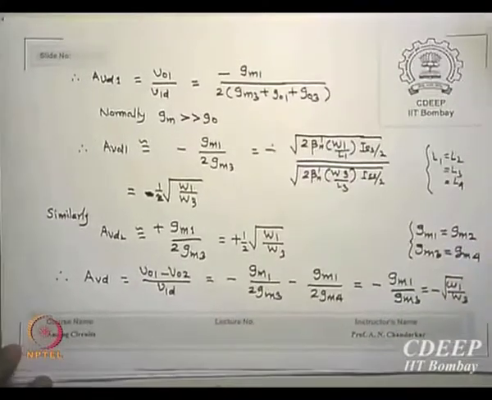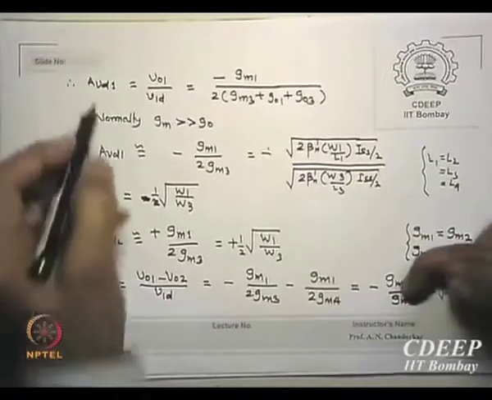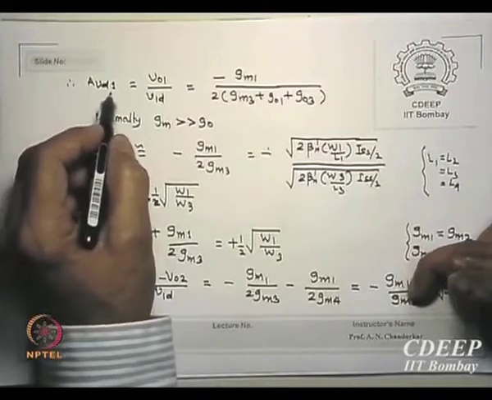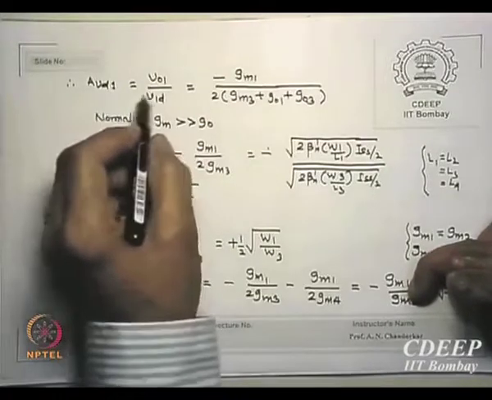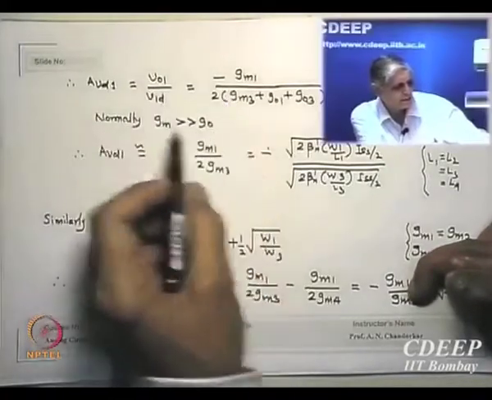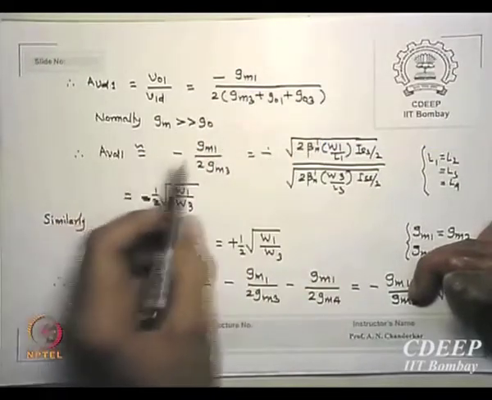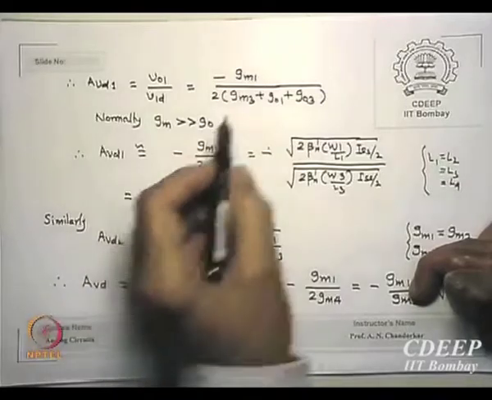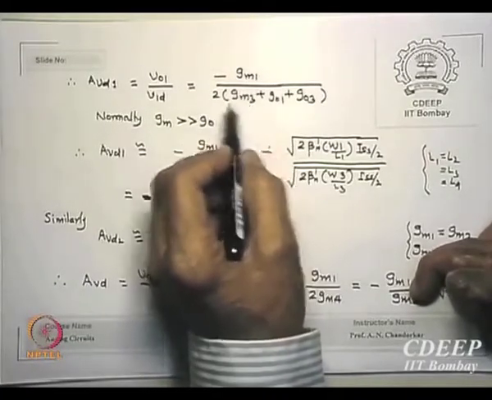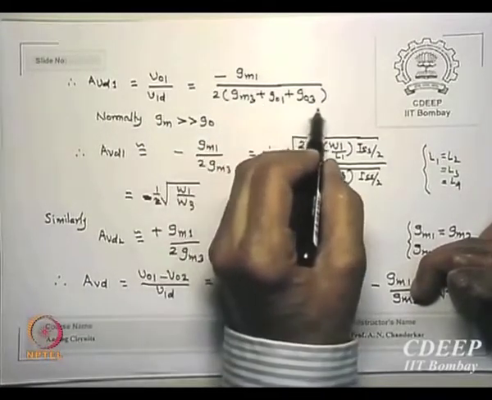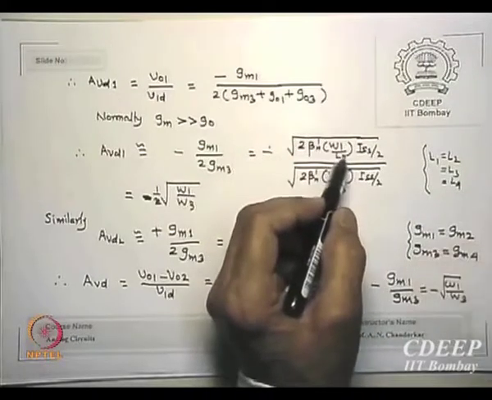This is only to show you how to solve circuits. So the gain of the first, VID by 2, is VO1 by VID, GM1 by so much. Similarly, if I write this expression and solve, it is minus GM1 upon 2 plus GM3 plus GO1 plus GO3. Why did I put G's?